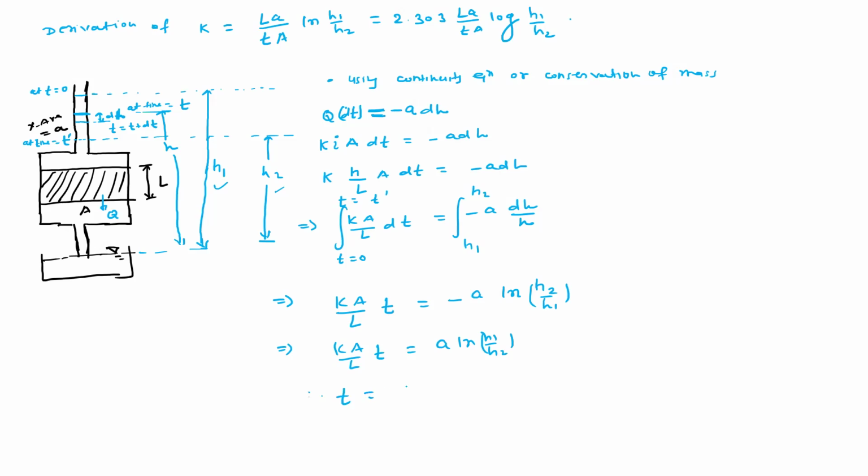Therefore, k is equal to a L by A t ln H1 by H2, or this is 2.303 a L by A t log base 10 H1 by H2.